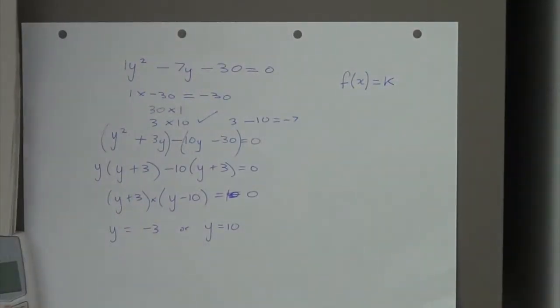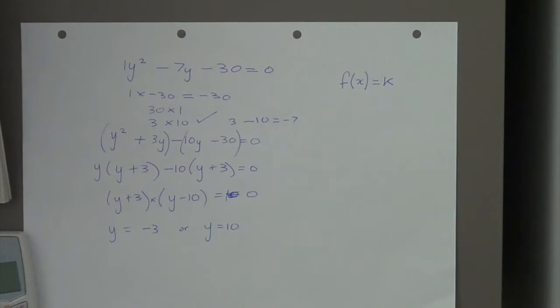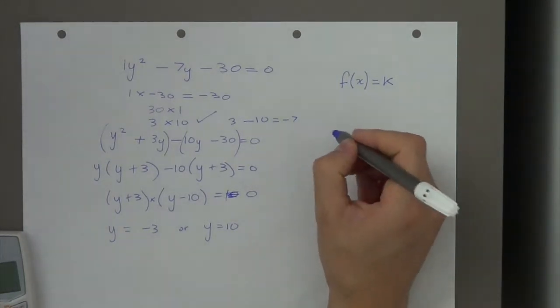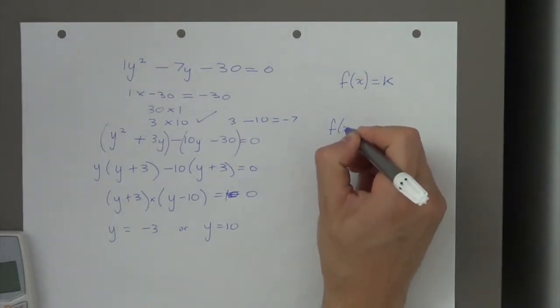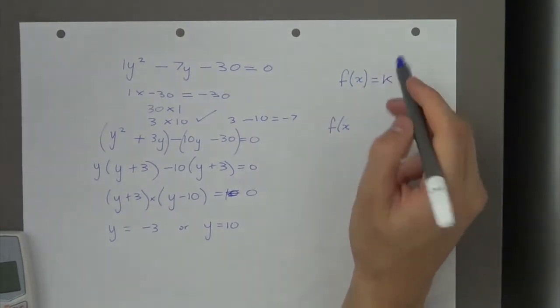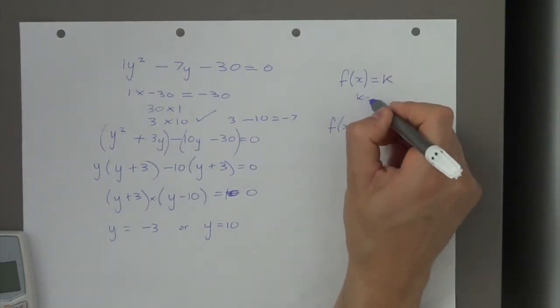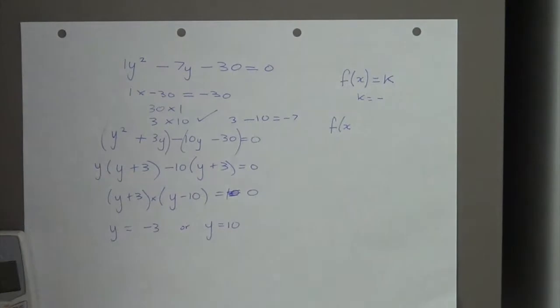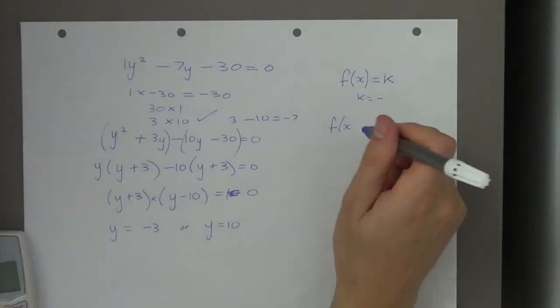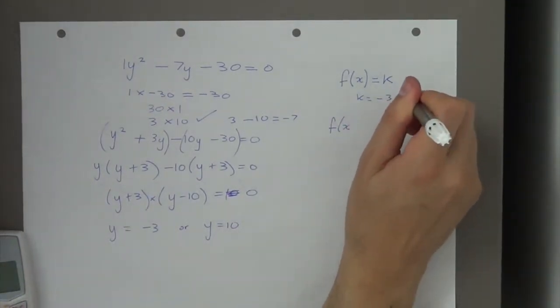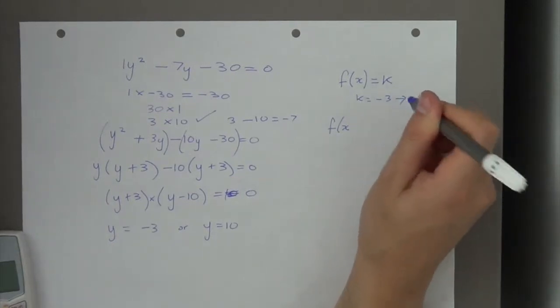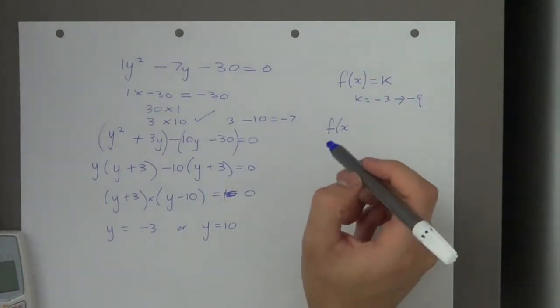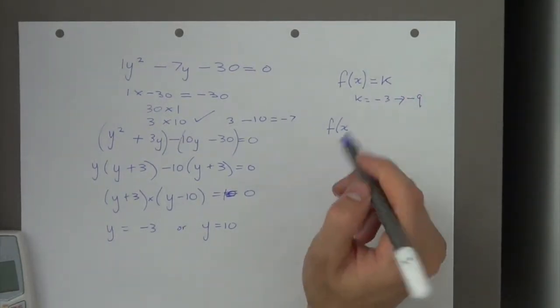Right. By drawing a suitable line, solve the equation function of x plus 2 equals minus 5x. Okay, so first things first, it says function of x. So just from that previous question, k would be anywhere from minus 3 to minus 9, okay? Right, next question.